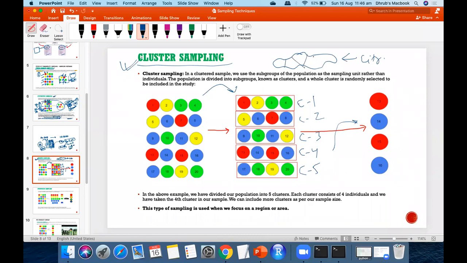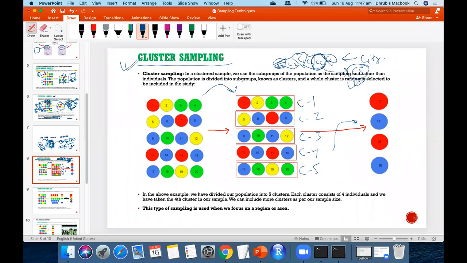Based on the areas, I'll divide it into different clusters: cluster 1, cluster 2, cluster 3, cluster 4, cluster 5, cluster 6. Now randomly, I'll select any one cluster out of these 6 clusters. Say I randomly selected and it came out as cluster 5. So I'll study cluster 5. If I have to select 2, then I can select any 2 clusters. I'll select clusters and not points.